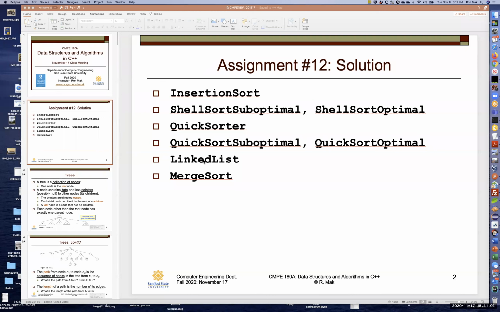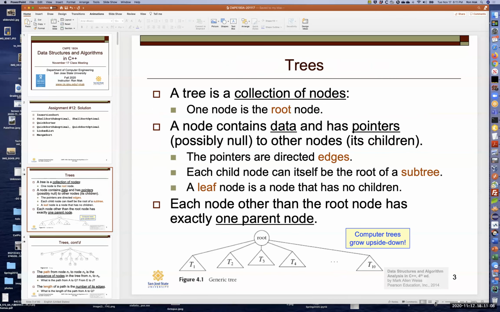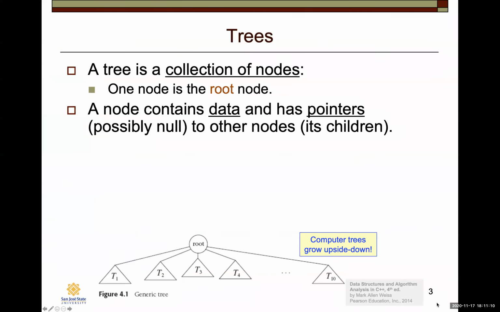I want to discuss a very important data structure in computer science, and this is a data structure that you're going to run into a lot, and probably you're going to need it for some of your applications, and that's the tree structure. Okay, so let me define what a tree is in computer science.